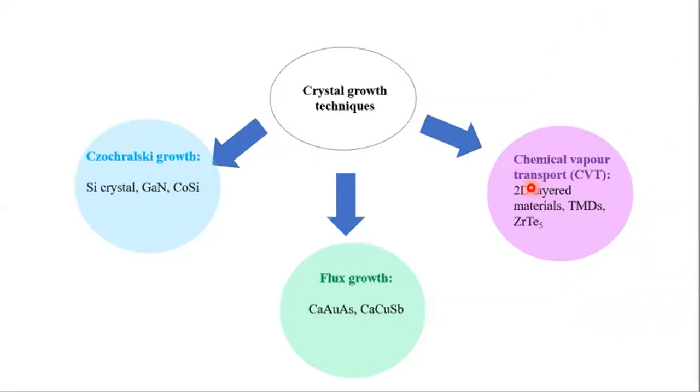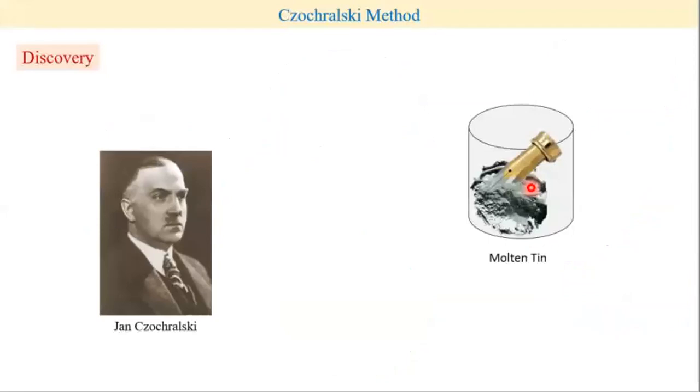The Czochralski method has a very interesting discovery story. It was discovered by Dr. Czochralski. He was writing with his ink pen, and to write with an ink pen you need to dip the pen in ink. But by mistake, he dipped his pen into molten tin. Tin has a melting point of something like 230 or 250.